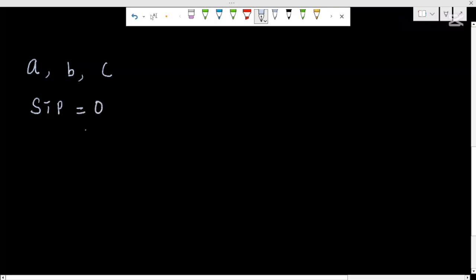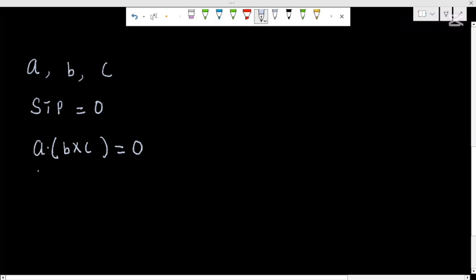So how do we represent that mathematically? It means that A dot B cross C is equal to 0. It's as simple as that.